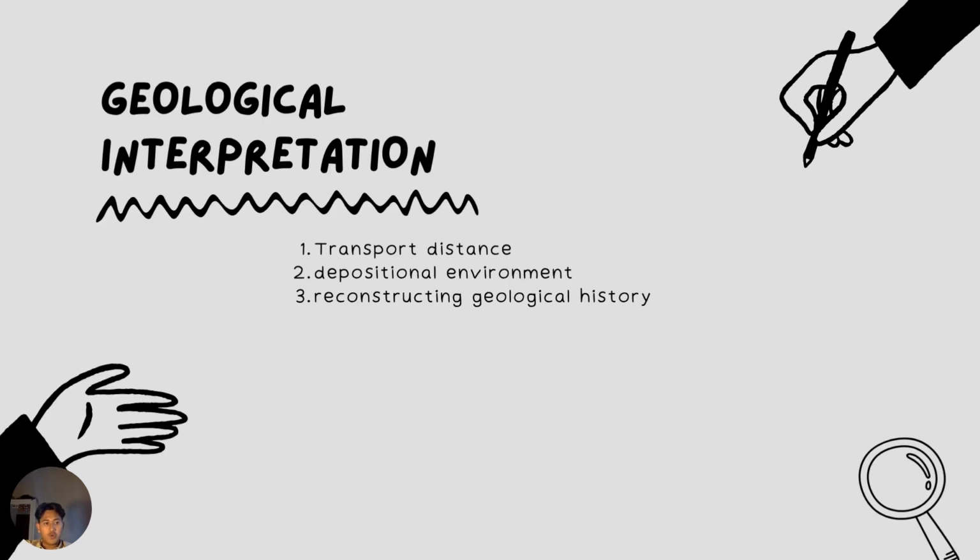And then we go to geological interpretation. Okay, now here comes the most interesting part, I think, because we as geologists usually want to know how things came to be like that.